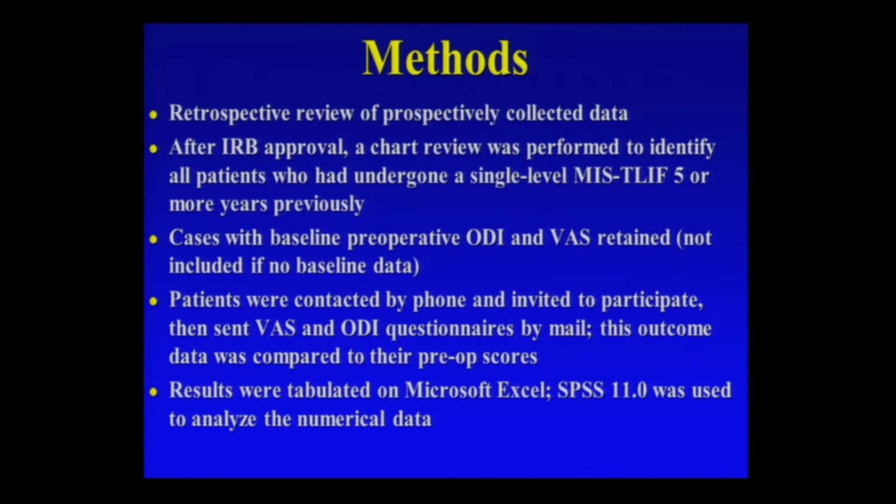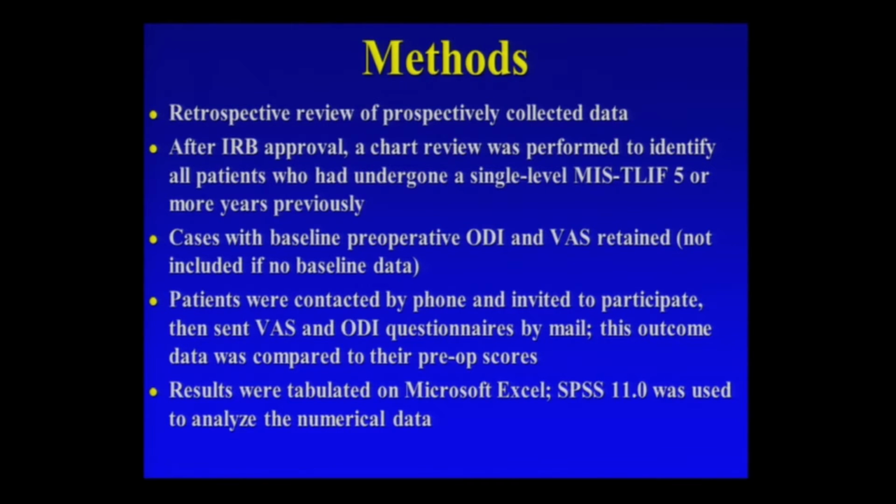So in order to qualify for this study, which was a retrospective review of patients where the data had been prospectively collected, patients had to have undergone a single-level minimally invasive TLIF, number one, and number two, they had to have baseline patient-related outcome measures. If so, after IRB approval, they were contacted by my research coordinator.